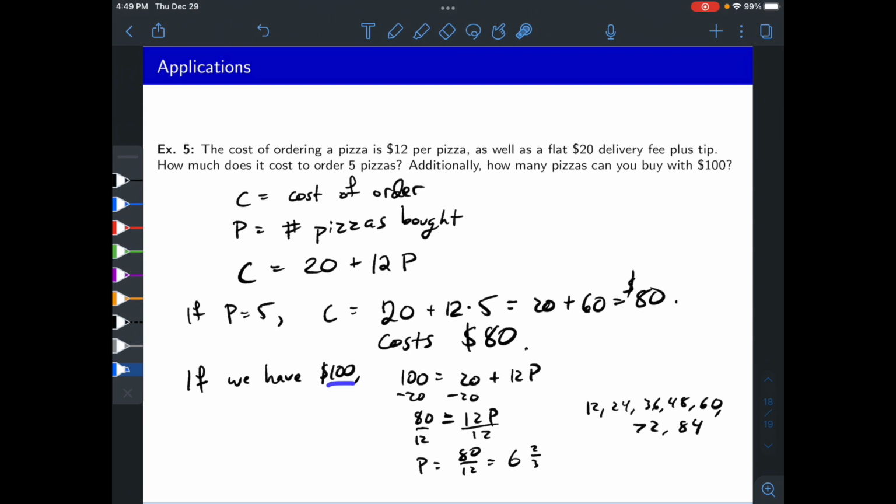So we only have $100, so we can only buy up to 6 2/3 of a pizza, but we can't afford that 7th pizza because that would bring us up to $84, plus the $20 delivery fee, which would bring us up to $104. So that's too much, so we can only afford to buy 6 pizzas.